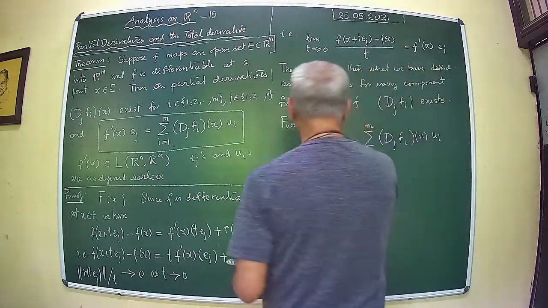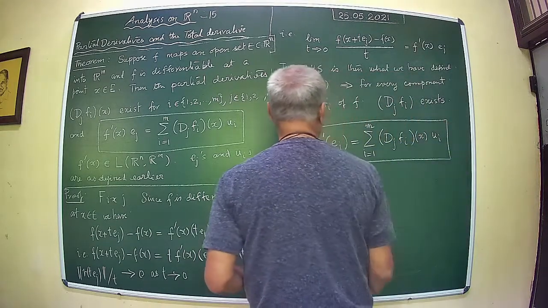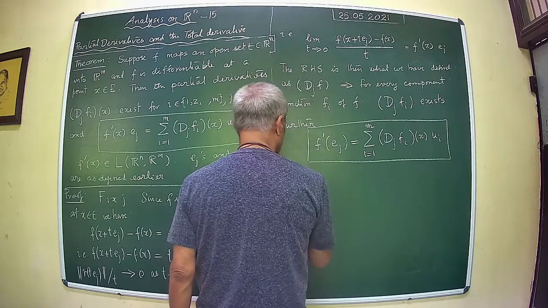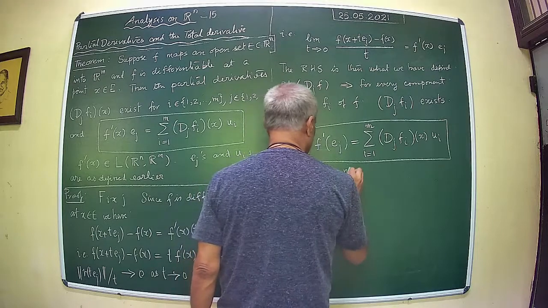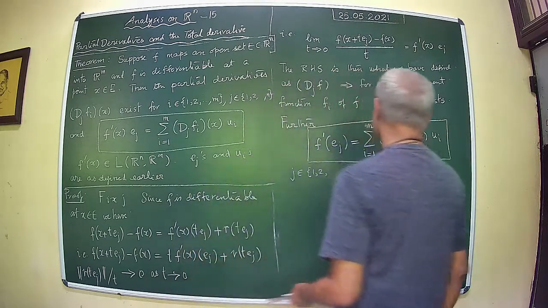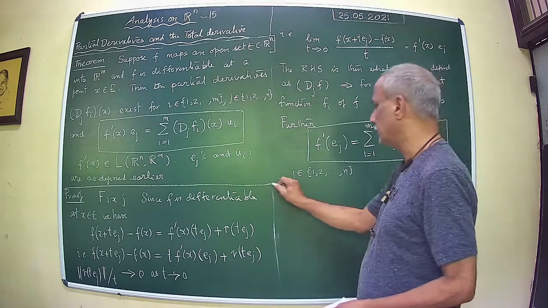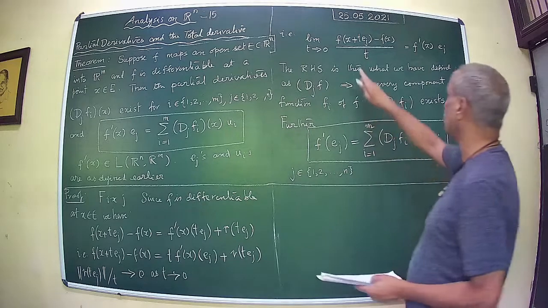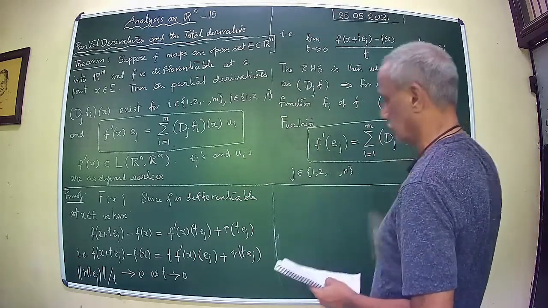So this is the connection that we obtain, and this is true for all j. So that completes the proof of the theorem. The important part is that this means that for all components this exists.